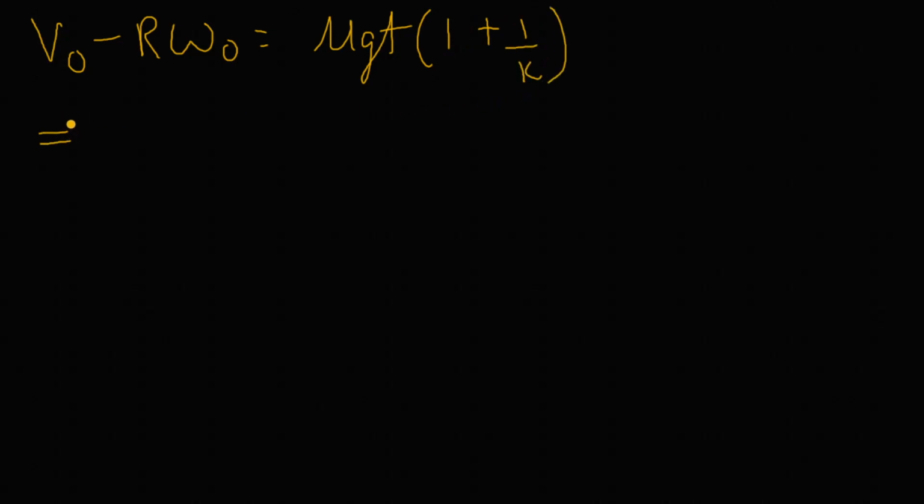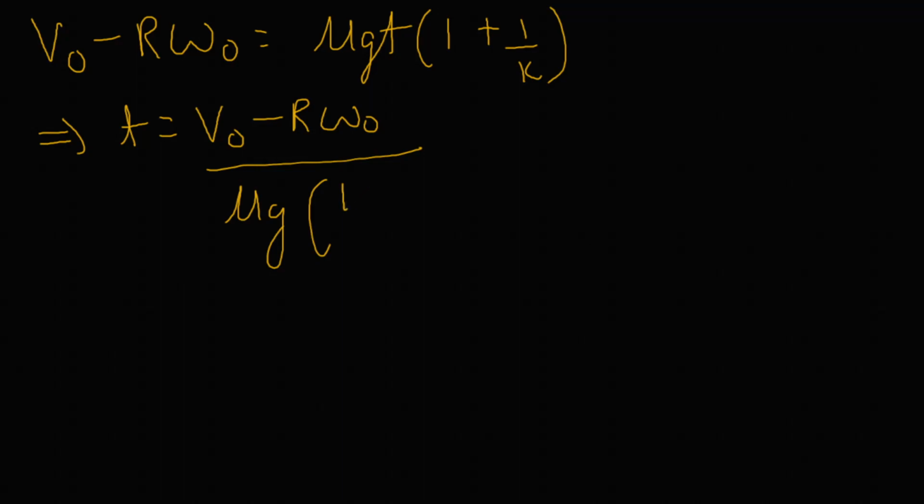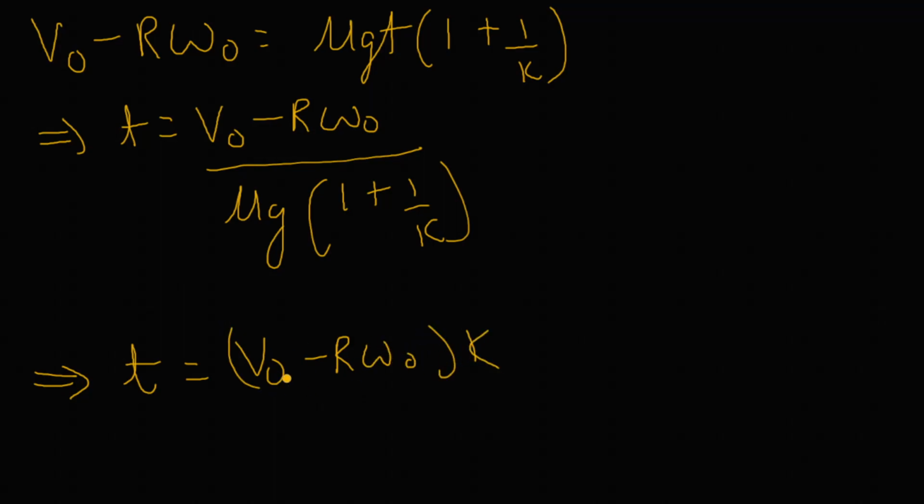So finally we get t is equal to v naught minus r omega naught by mu g into 1 plus 1 by k. Let us simplify this further, and we are finally left with t is equal to v naught minus r omega naught times k by mu g into 1 plus k. That's what we are finally left with.